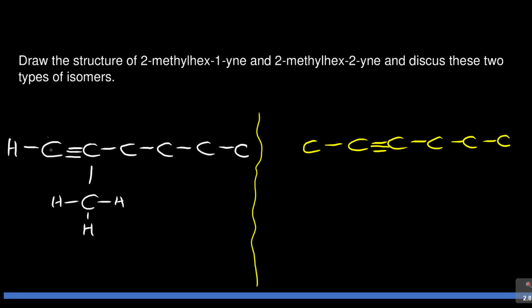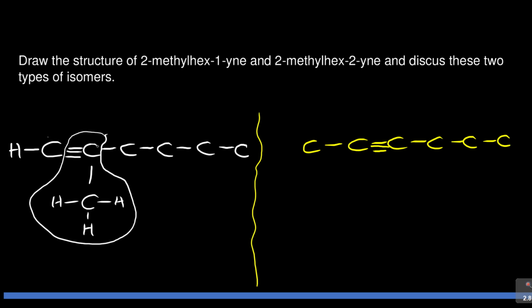Remember, maintain how many bonds? You need to maintain 4 bonds. So here I think there is a problem. Let's look at this one. Okay, this one can do, which is hydrogen, but in here it shows that I cannot have a structure of 2-methylhex-1-yne. Why? Because look at this, I can't have that.